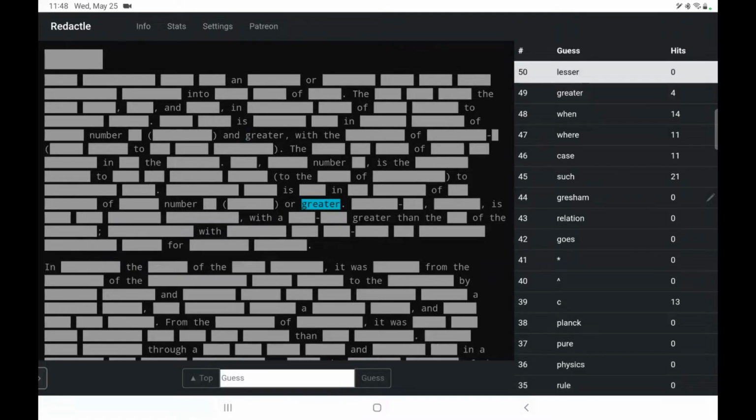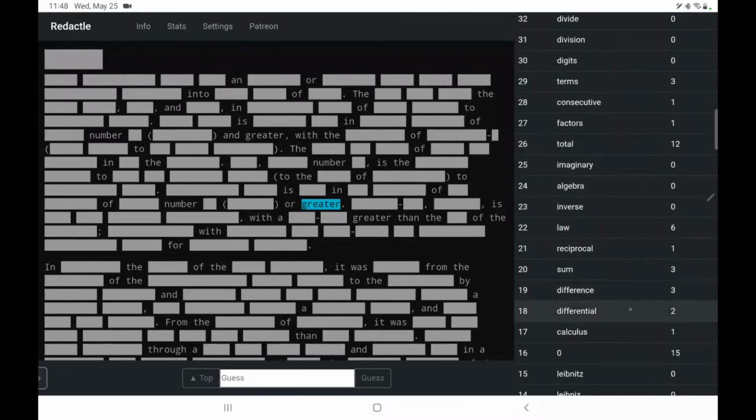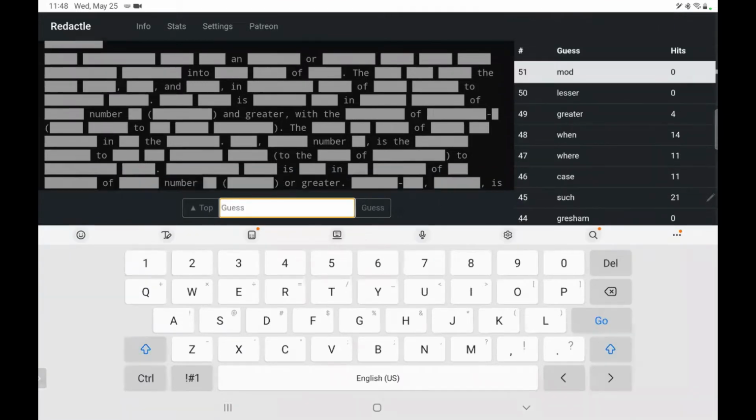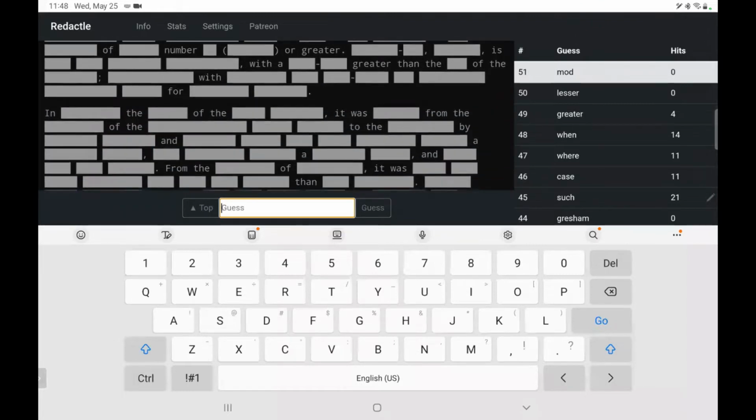What's this hyphenated word with a something something greater than? Greater than, I would think the sum of, but we've tried some. Mod? No. Greater than the, no, this is interesting.